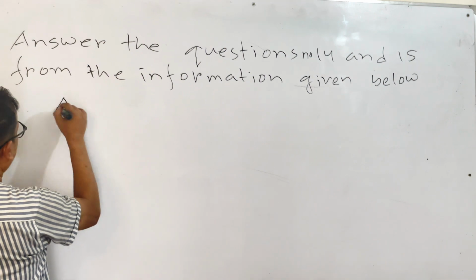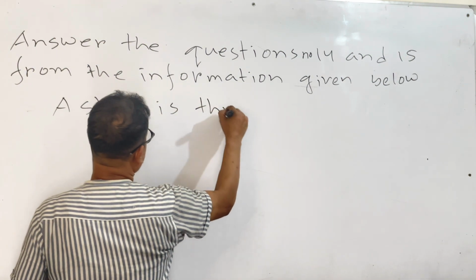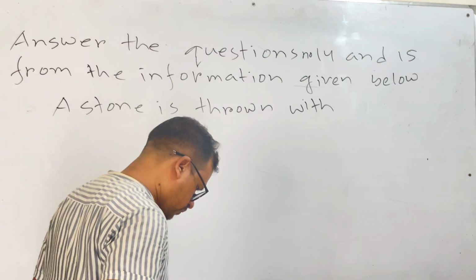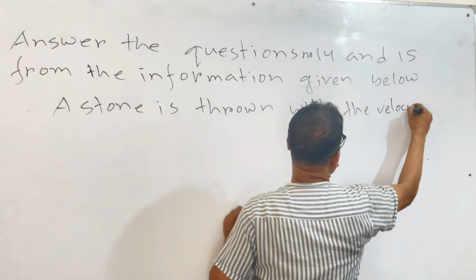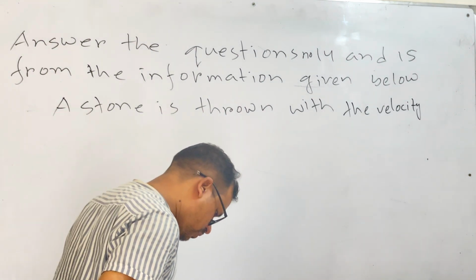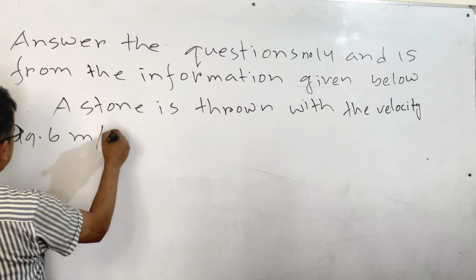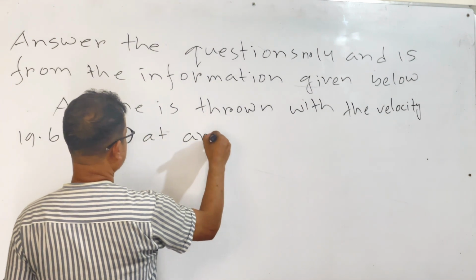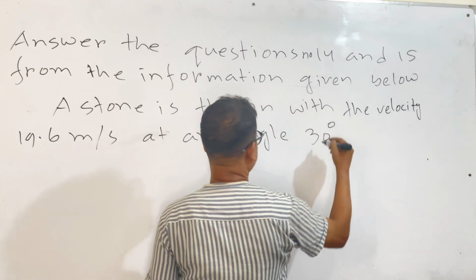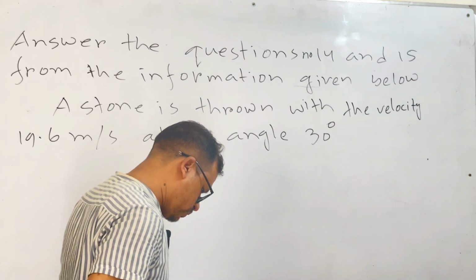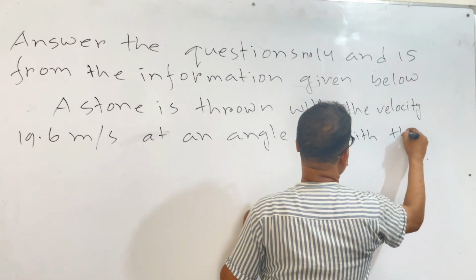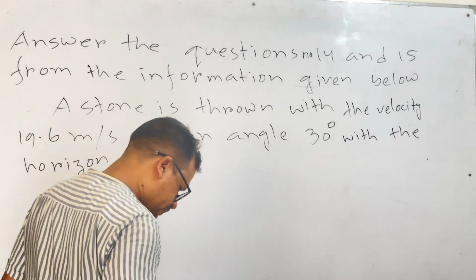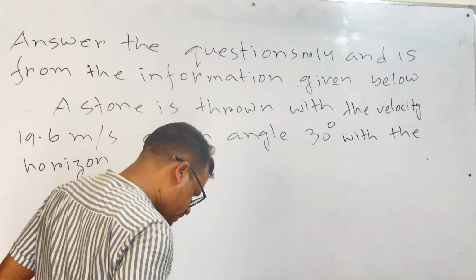A stone is thrown with the velocity 19.6 meter per second at an angle 30 degree with the horizon. What is the time of flight of this stone?